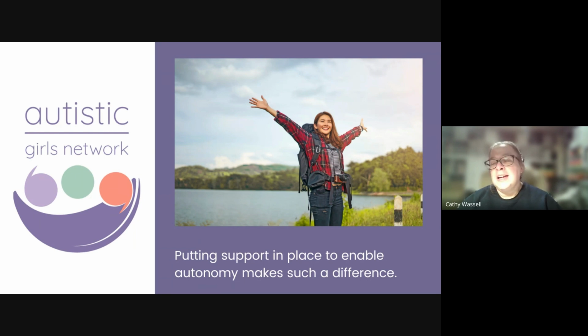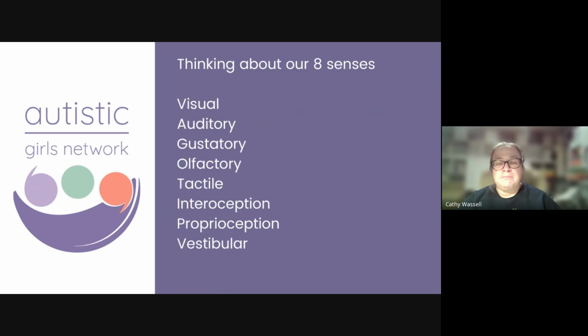Whatever they have difficulty with, whatever their strengths are, putting support in place to give them autonomy is the most important thing that you can do. So all the next slides are going to be about sensory stuff, which will lead into emotional regulation, because they're so connected that I couldn't not have them in this webinar. But the most important thing is enabling autonomy. So I just wanted to get that slide in there to really emphasize that.